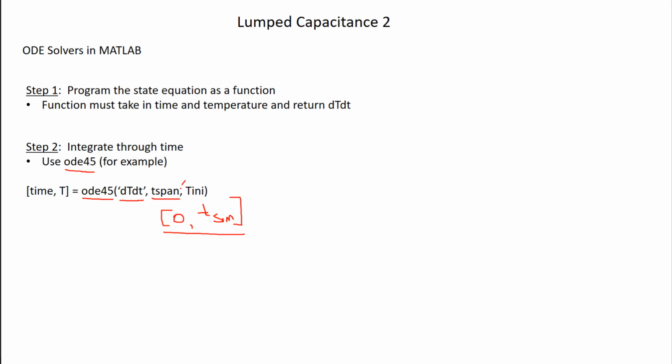Okay, and then the last thing here is the initial value of the temperature. So over here I get back a vector of times, and at every one of those times a vector of temperatures. And again, if this is a vector here, then this vector here is exactly the same, because it's going to use the same times to give me back the vector of temperatures.